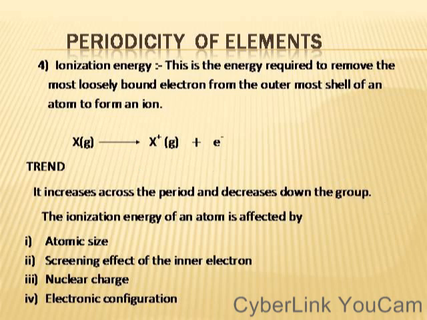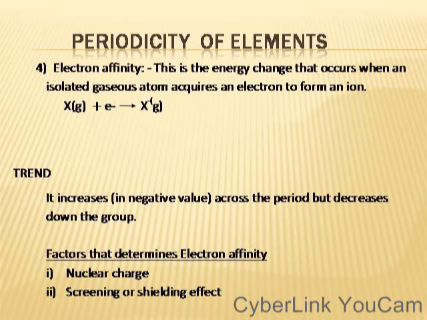So let's move back to the electron affinity, which I've said is the energy change that occurs when an isolated gaseous atom acquires an electron to form an ion. If you look at this reaction very well, you see that it is the opposite.